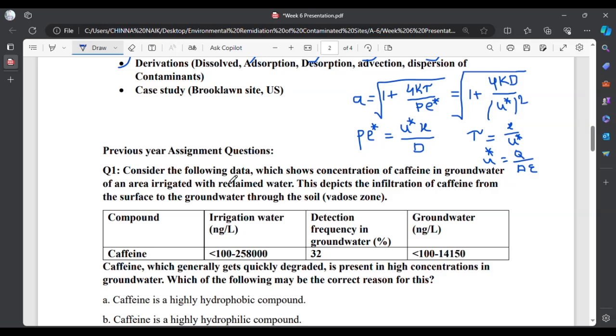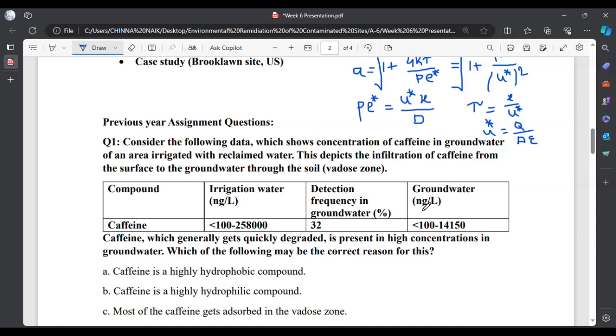This depicts the infiltration of caffeine from the surface to the groundwater through the soil. They gave the concentration in different conditions, like in irrigation water and similarly in groundwater, and the detection frequency in groundwater in percentage also.